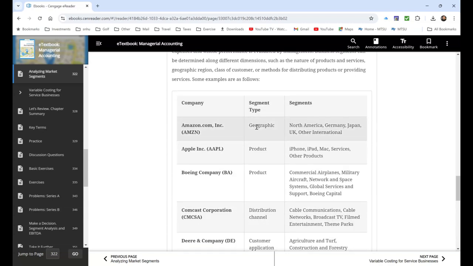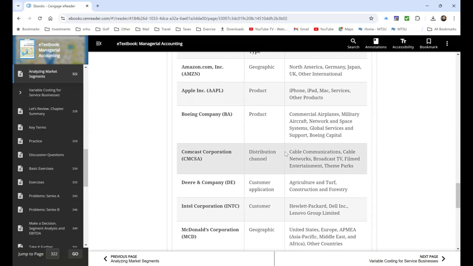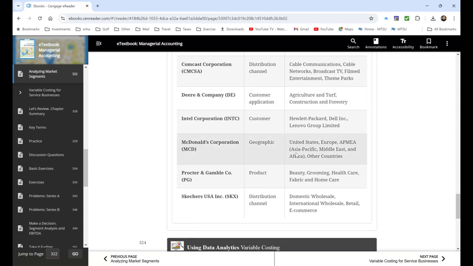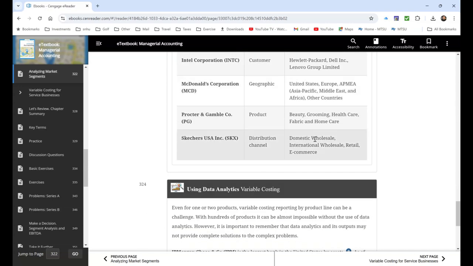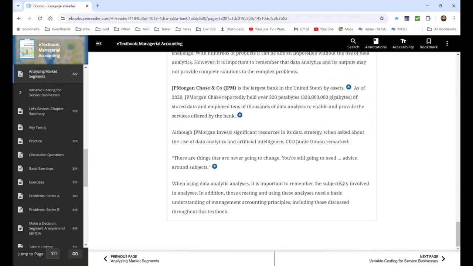And so here are some different market segments: geographic, product, iPhone, iPad, Mac. Boeing is different types of aircraft. Comcast is cable, networks, etc. So each company has different product lines or geographical lines they would want to look at.